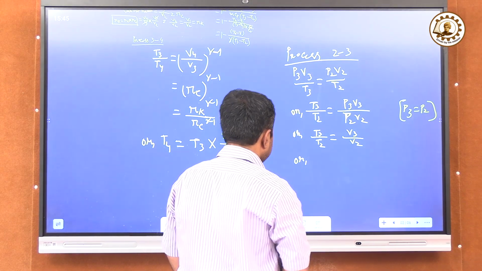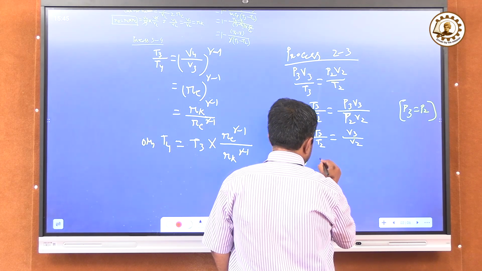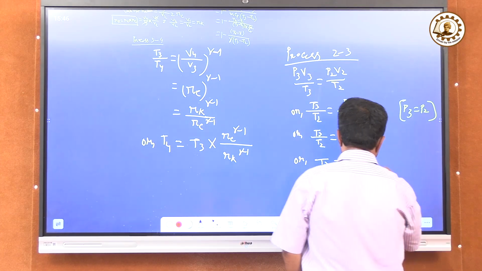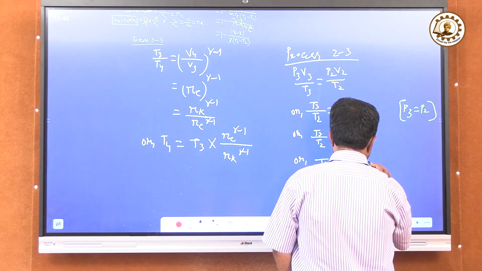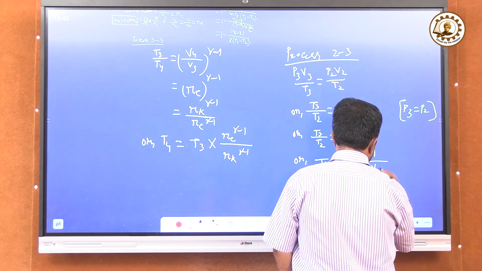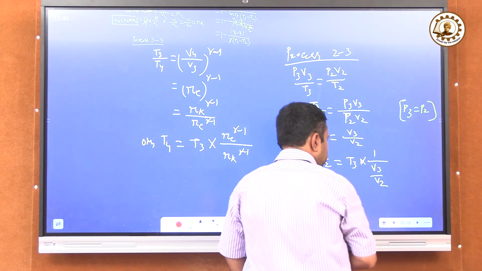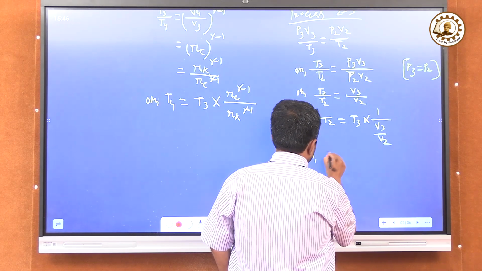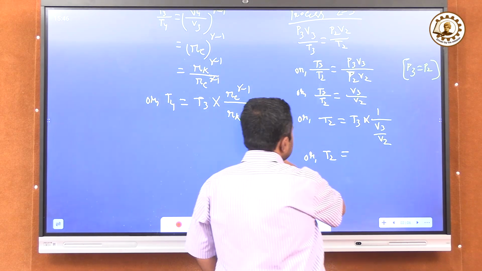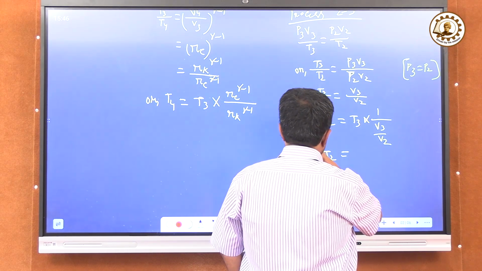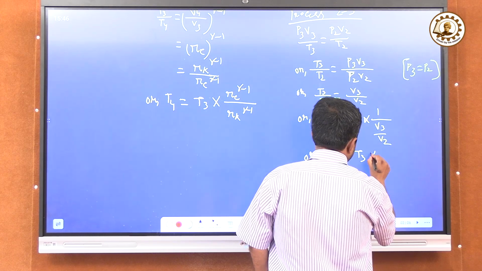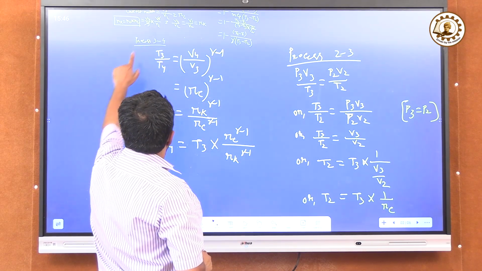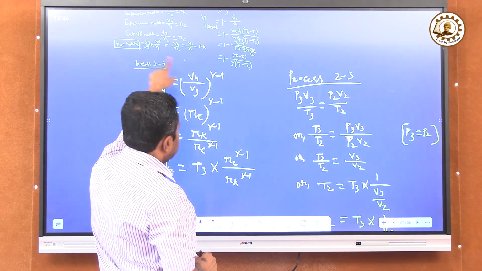Or we can say T2 is equal to T3 into 1 by V3 by V2, or T2 is equal to T3 into 1 by Rc, as we see that Rc is equal to V3 by V2.